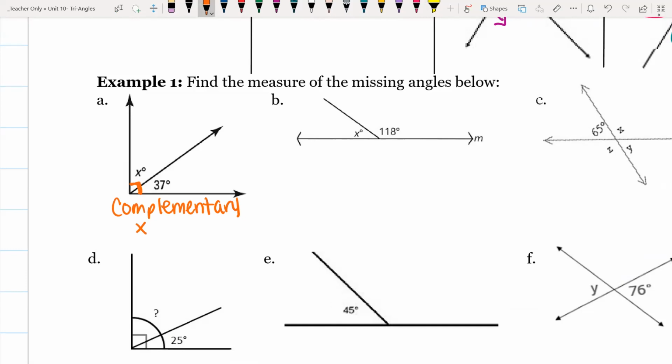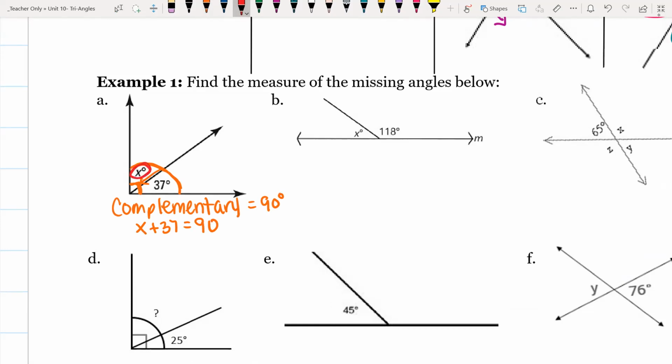So we have x plus 37 equals 90, right? Because I know complementary equals 90 degrees. And when we add these two together, they're going to give us 90 degrees. So now we have to figure out what x is, because that's the whole point. We want to figure out what this x is.